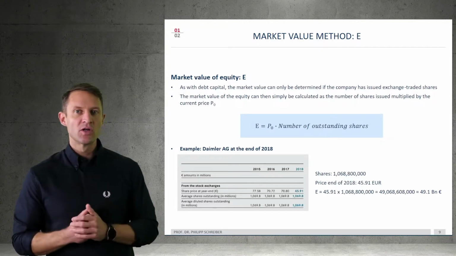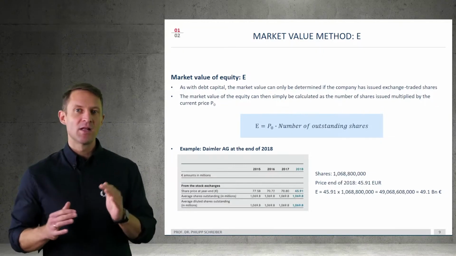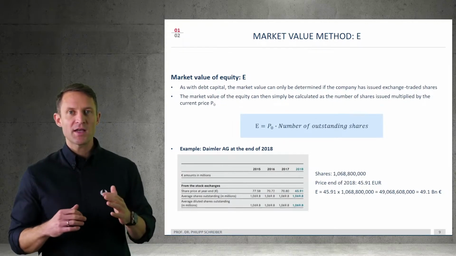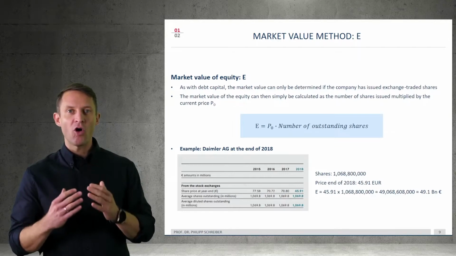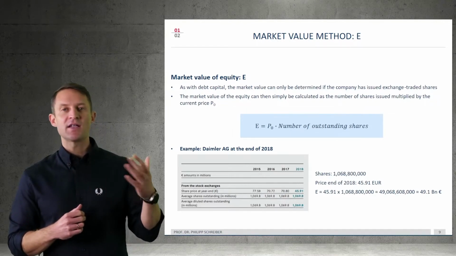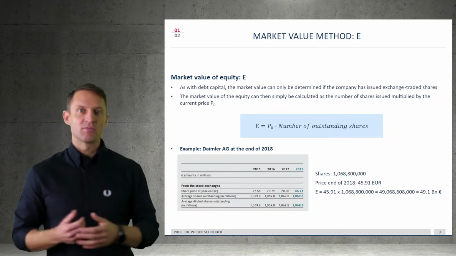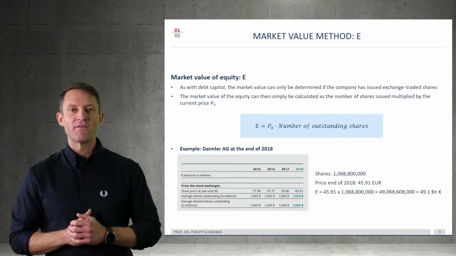So you could Google outstanding shares BASF, you would find 918 million. Price of BASF, I don't know, maybe 50 euros. So if you were to buy all BASF shares, you need 50 euros times 918 million. That's, yeah, I can't do the math in my head, but something around 5 billion.